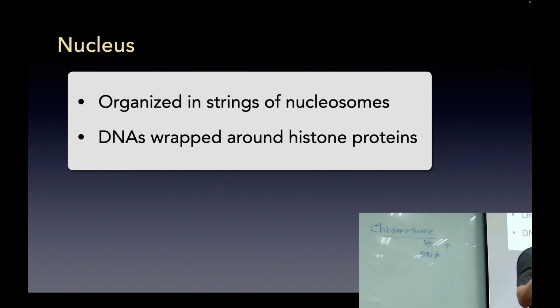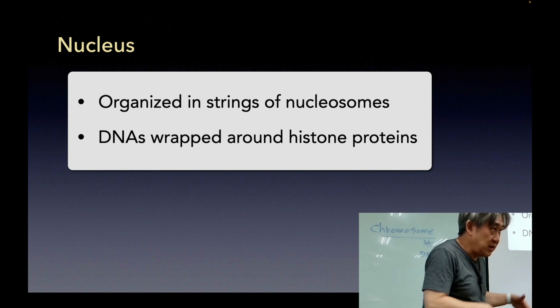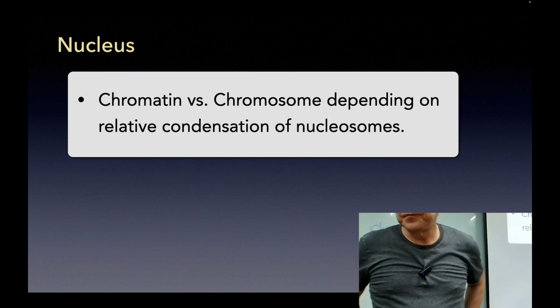So anything trying to associate intimately with DNA had better be an oppositely charged one. That's why this histone protein is highly positively charged, thanks to the high proportion of positively charged amino acids. Okay, anyway.